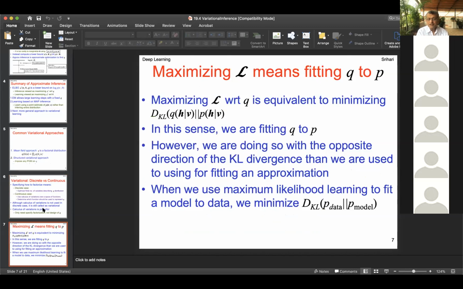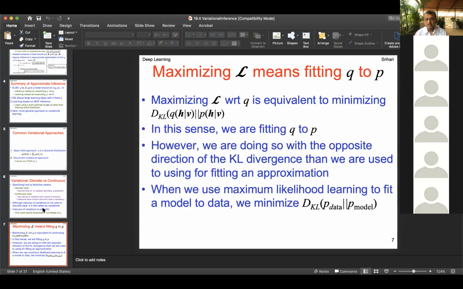So one more point that is being made here about Kullback-Leibler divergence. Maximizing L means fitting Q to P. So in a sense, when I say I'd like to find a Q, maximizing L with respect to Q is equivalent to minimizing DKL(Q(h|v) || P(h|v)). So that's how we defined L anyhow.